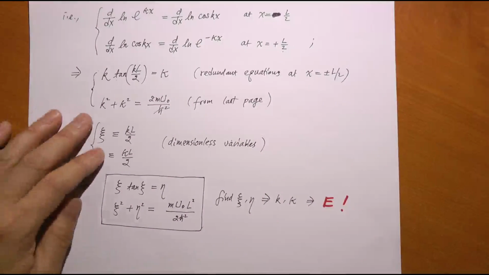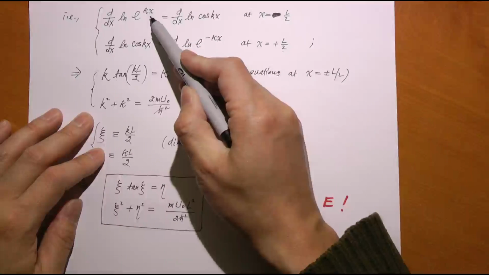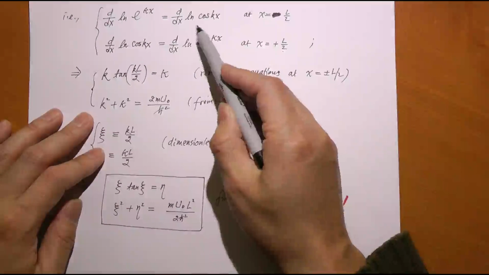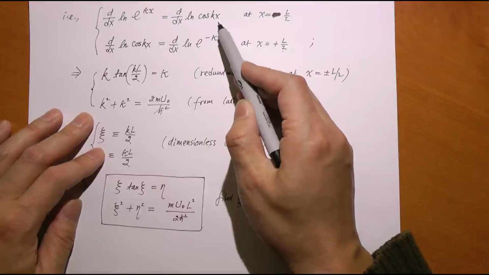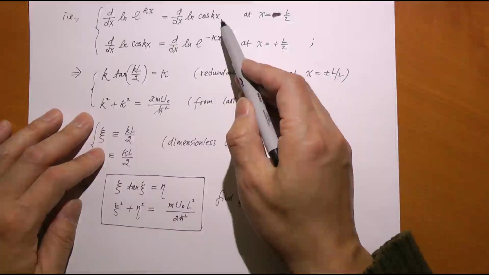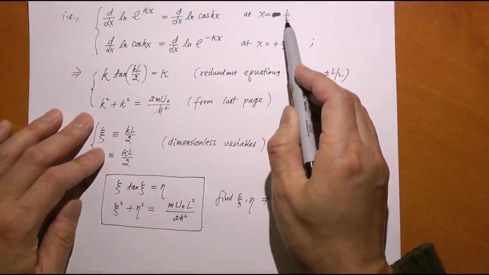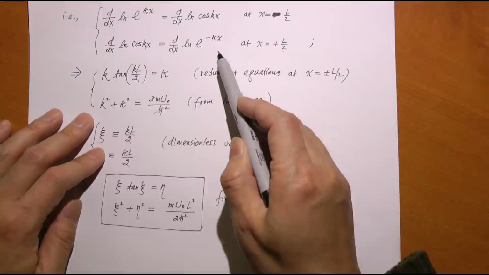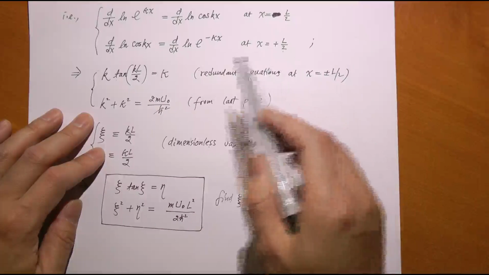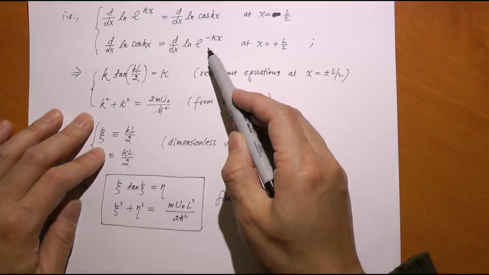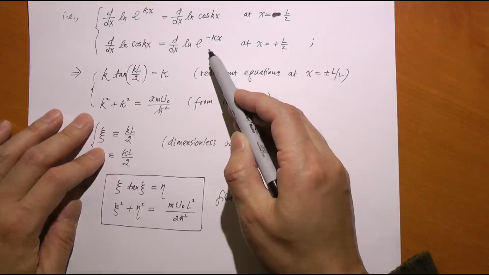Now, for the first one, at the left edge, this side is psi 1, so psi 1 is, remember, e to the kappa x, and that side is psi 2. Psi 2 goes inside the well, so it's a cosine function, right? So I have this, that is x equals negative L over 2. And that one is on the right edge when x equals positive L over 2. You go from the cosine function in region number 2 into the exponential function in region number 3.